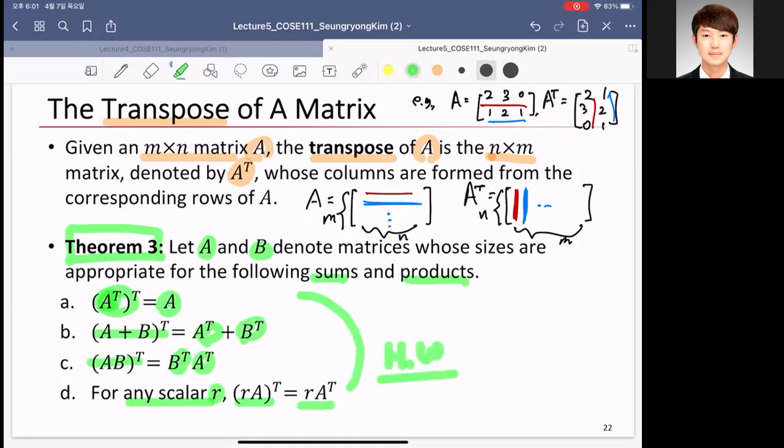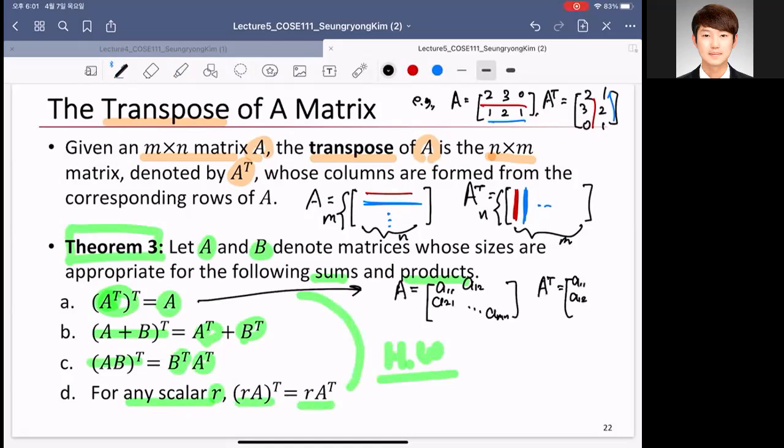Right. How can I prove this one? It's very, very easy. We can easily prove this one like this. Let's suppose matrix A consists of entries A11, A12, A21, up to Amn. Then A transpose is going to be A11, A21, A12, up to Anm.